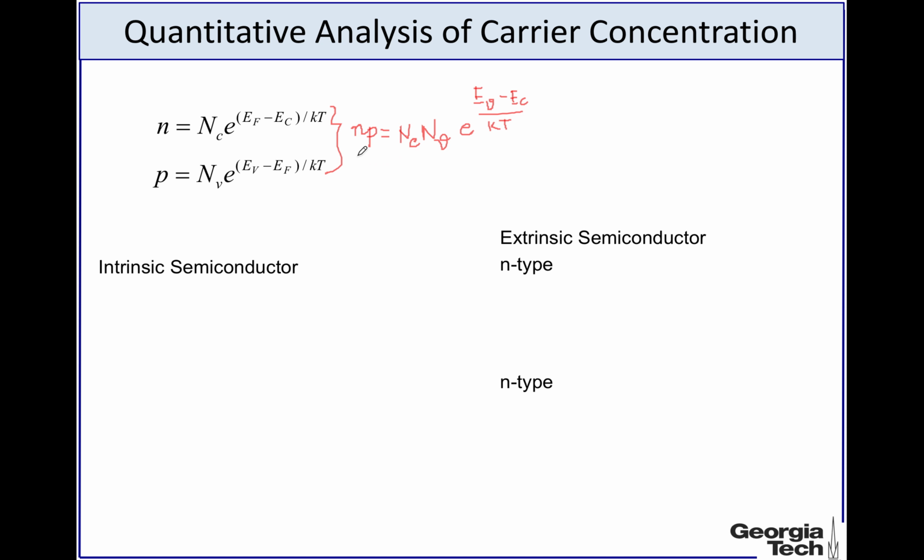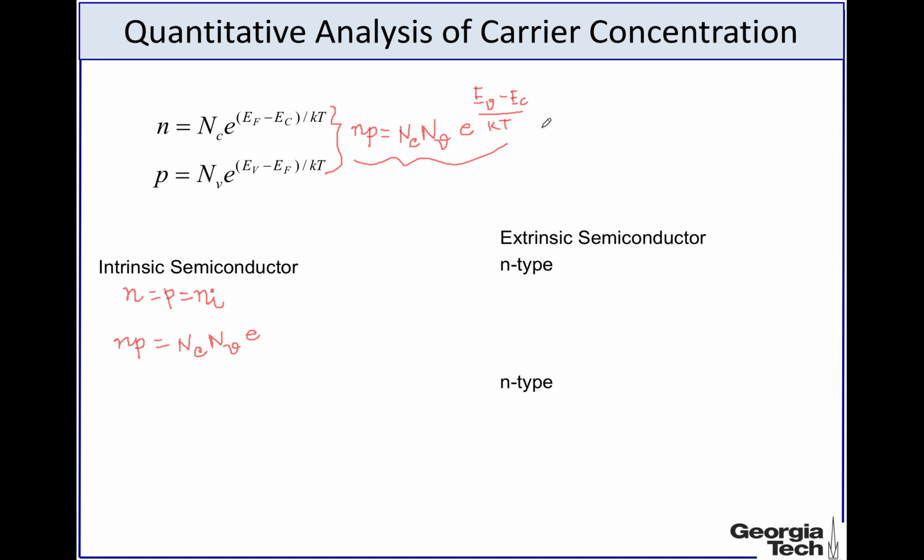So this is valid for all cases. Now as we have already seen, for an intrinsic semiconductor, n equals p equals Ni. So if we take this relationship here, np equals Nc Nv e power minus Eg over kT.